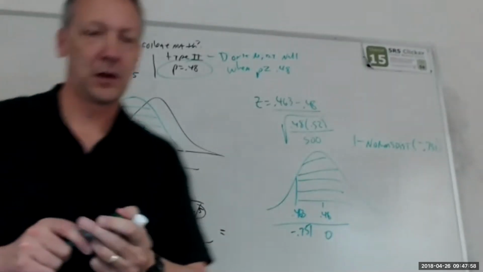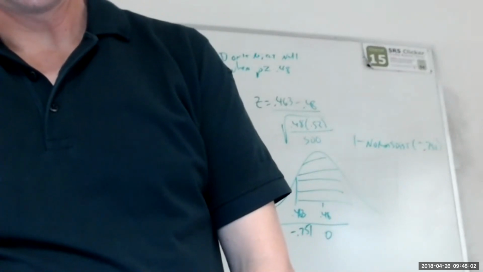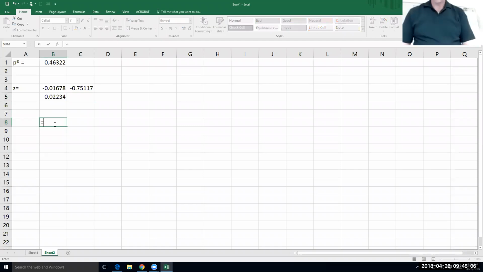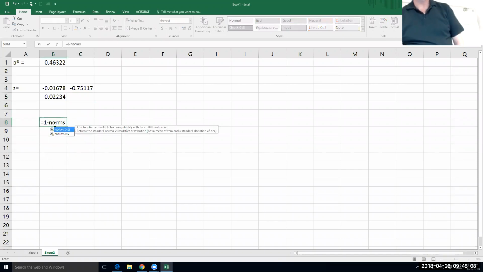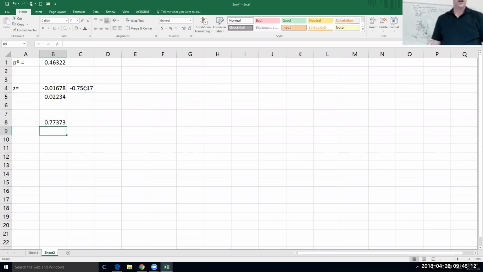That's why the pictures are critical. 1 minus NORM.S.DIST of that, and I get 0.773. So 0.773 is my probability of a type 2 error, given that P equals 0.48.